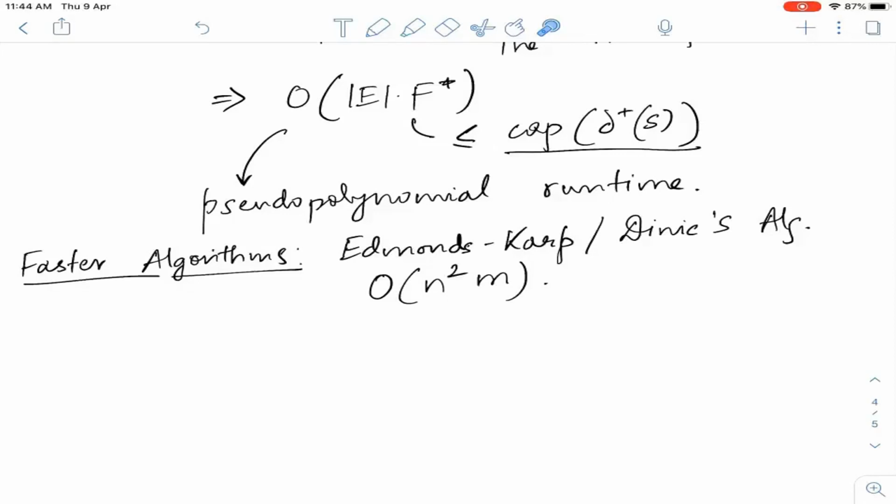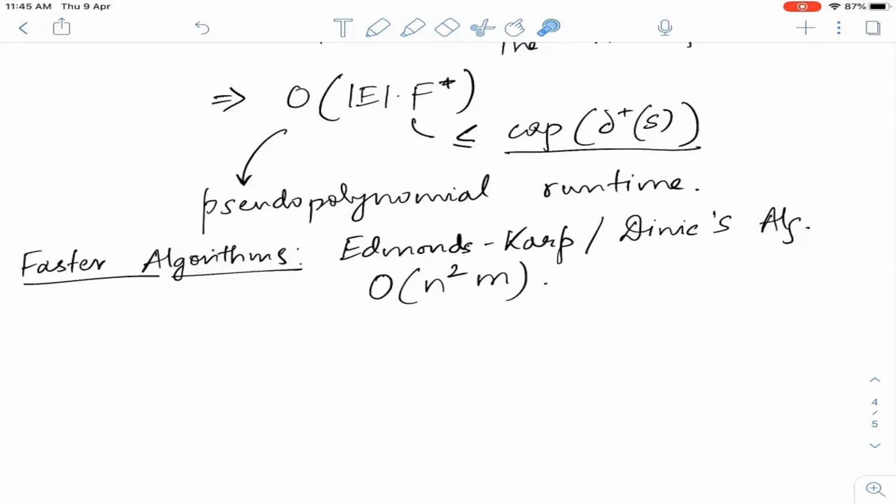No, I'm not saying that you have to find f star. Why are you bothered about finding f star? This is an asymptotic analysis of the performance of your algorithm. All we are saying is that the runtime of this algorithm is bounded by the minimum cut size of your graph, and that is part of the input. Before running your algorithm, we never look at the graph and try to estimate what the runtime would be.